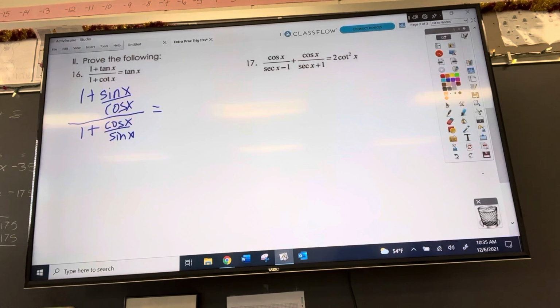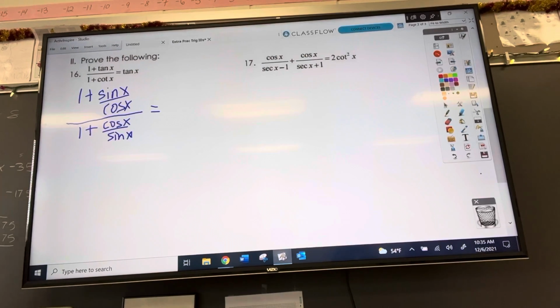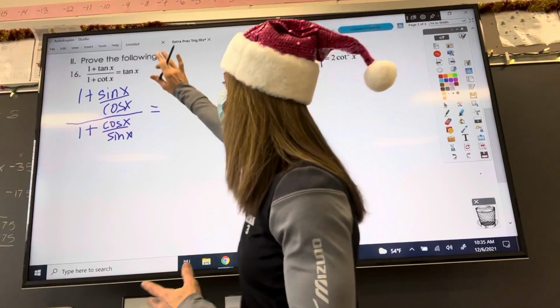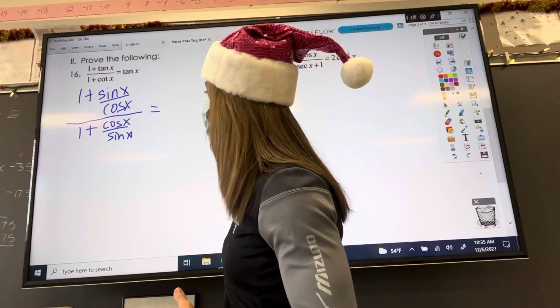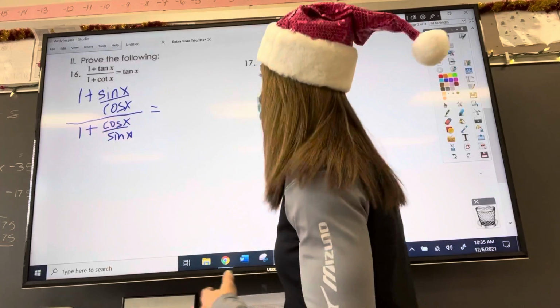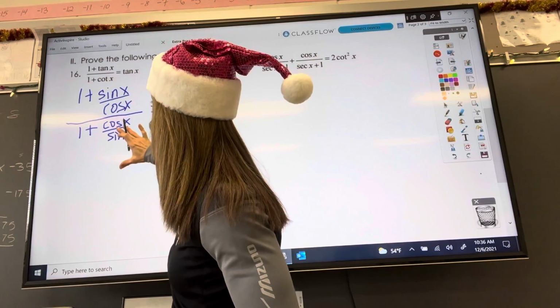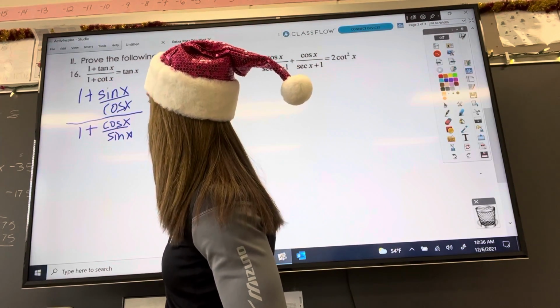Okay, so now I've got two fractions with different denominators. One in the numerator, one in the denominator. So I think what I'm going to do is multiply through the numerator and the denominator by sine cosine.